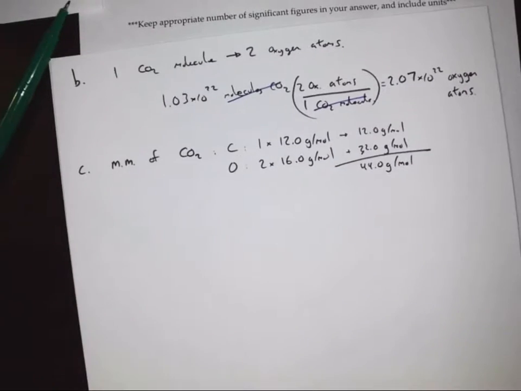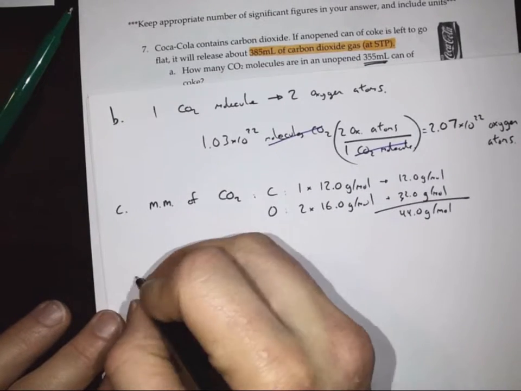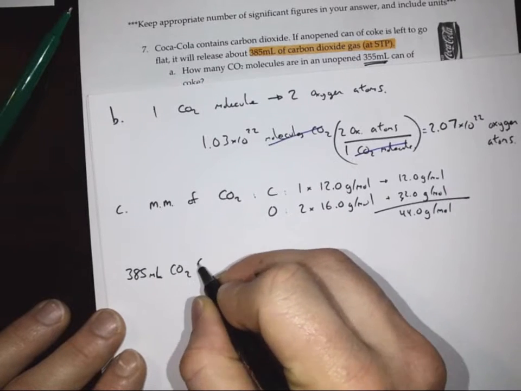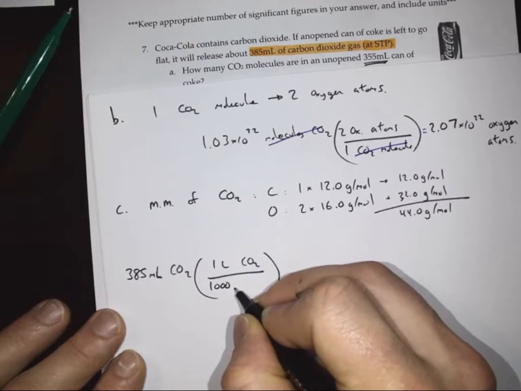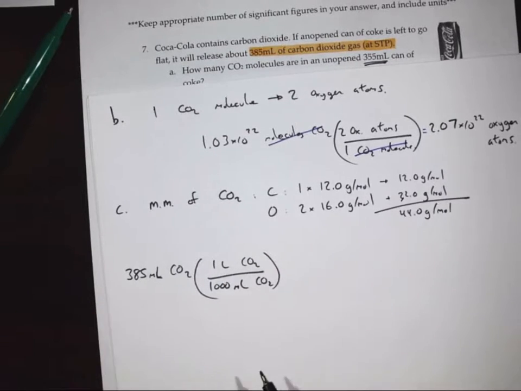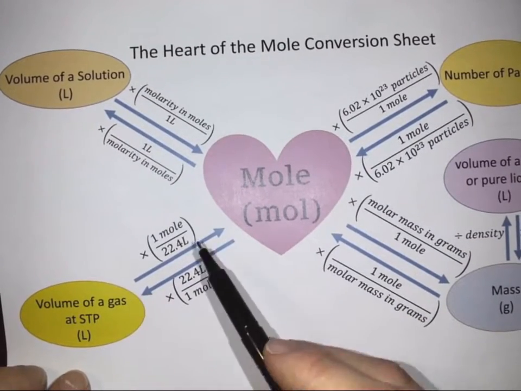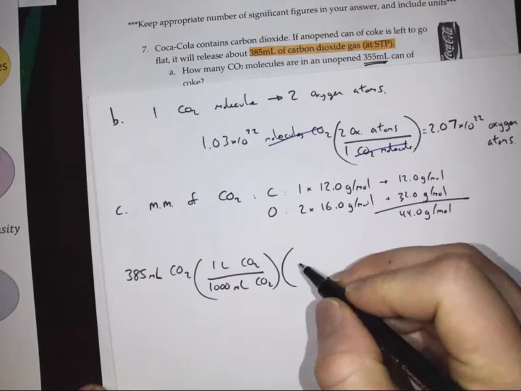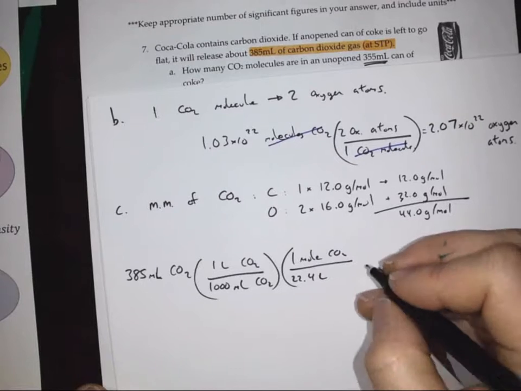Okay, great. So, I'm going to start with our 385 mL of carbon dioxide gas. I need to turn that into liters: 1 liter CO2 for every 1,000 mL. And then I need to get from here to my number of moles. So I'm going to use my molar volume here, and it says that 1 mole of carbon dioxide occupies 22.4 liters of space.